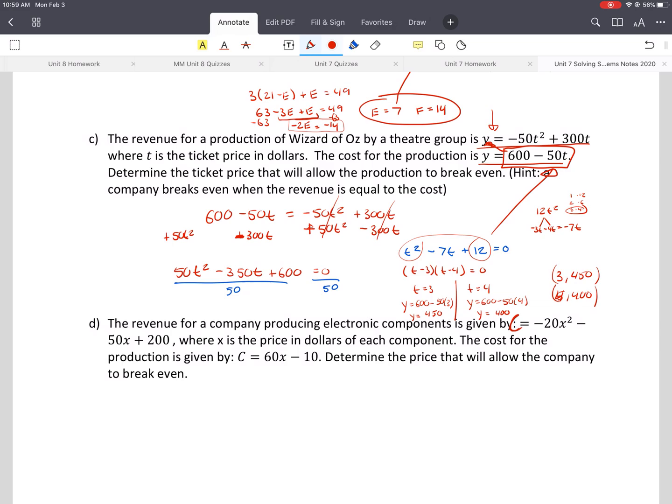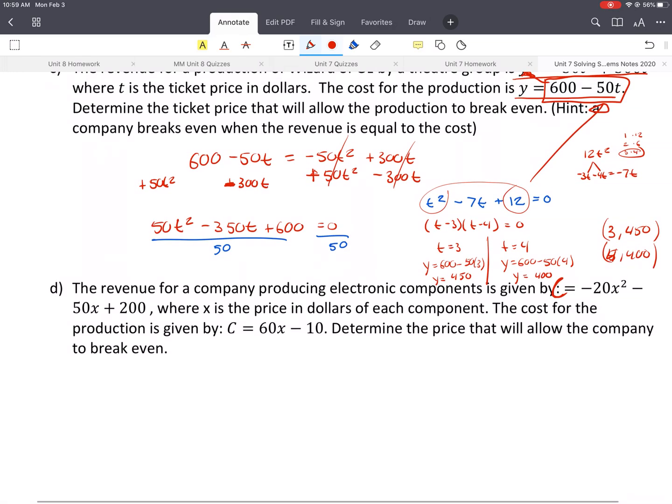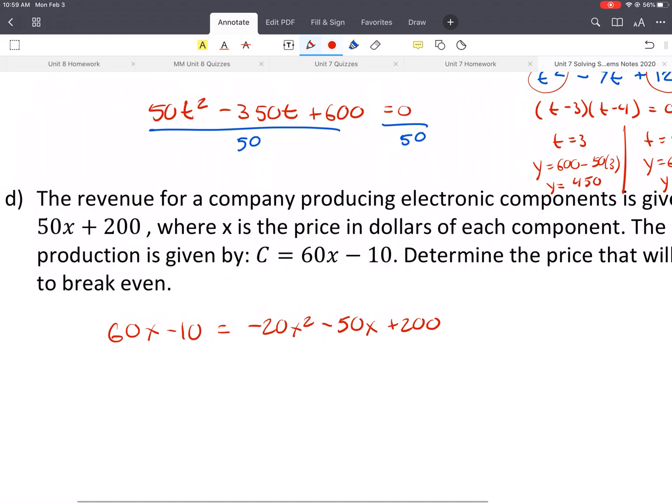Okay, so you do the same sort of thing. They're both solved for C, so we can set them equal to each other. So 60x minus 10 is equal to negative 20x squared minus 50x plus 200. Okay, again, since we have a leading negative for our quadratic, I would probably suggest moving it to the other side.